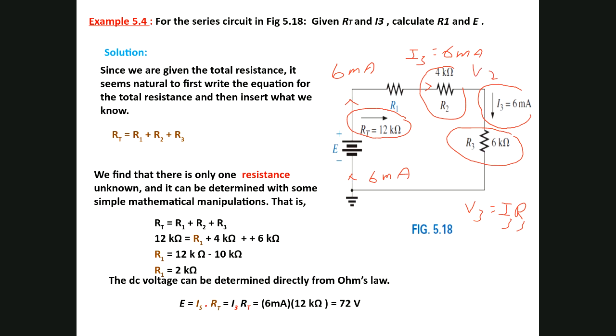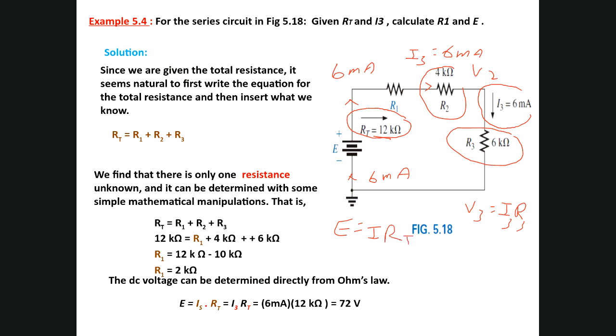What is R1? You can first find the supply. You have here the total resistance, and you have here the total current or supply current. So E equals I times RT.